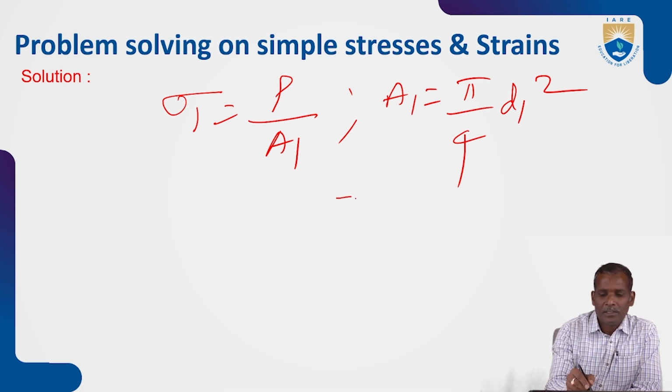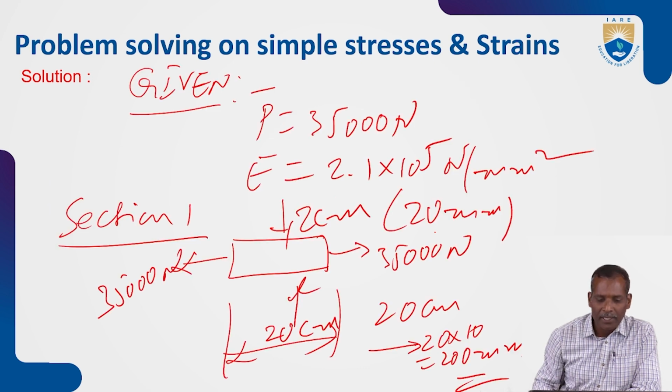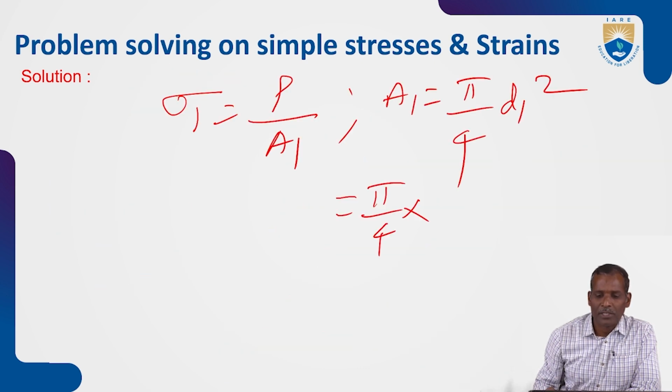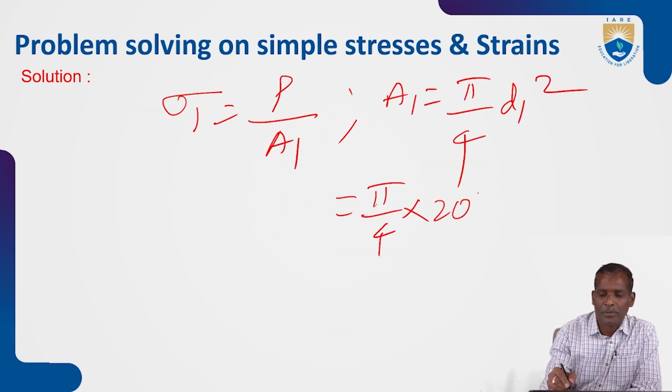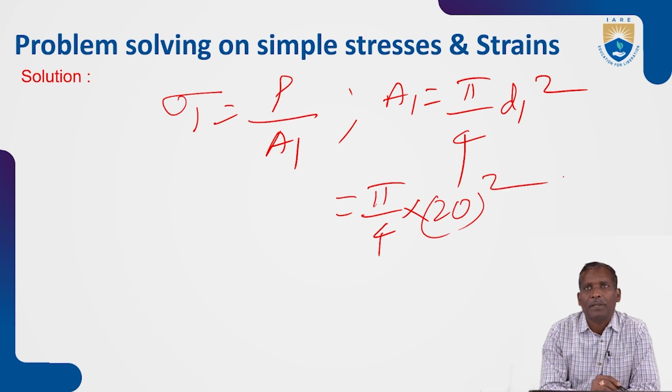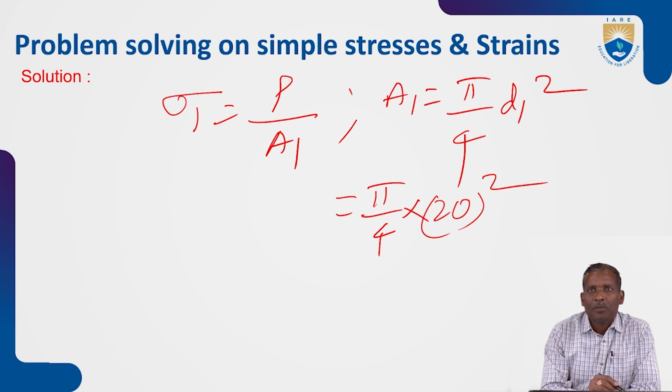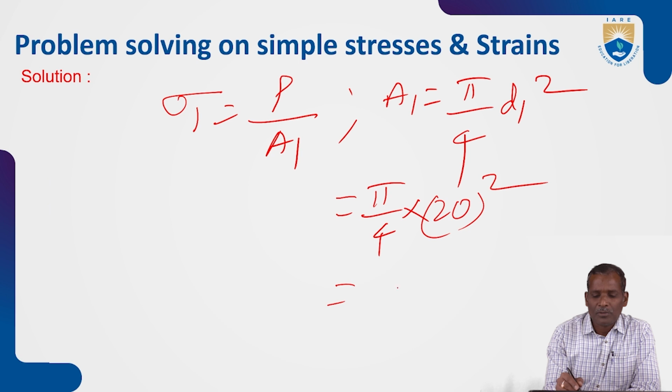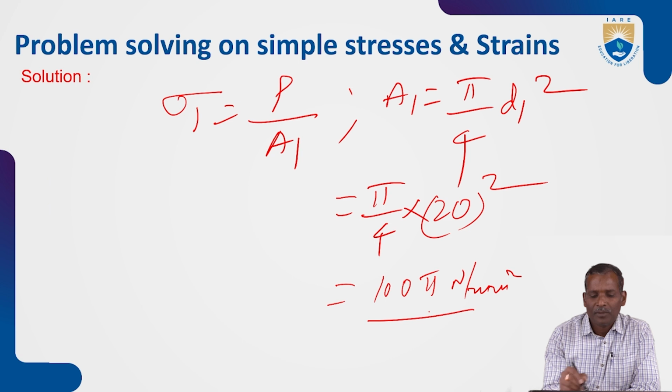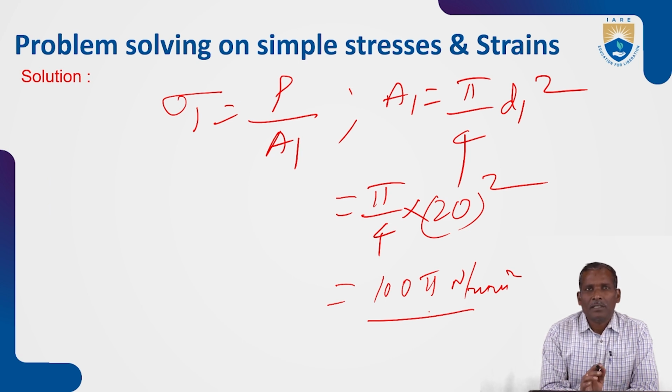Substitute pi by 4 into D1, which is 2 centimeters converted to mm, 20 mm square. So 400 pi by 4, 100 pi Newton per mm square. This is the stress induced in section 1.